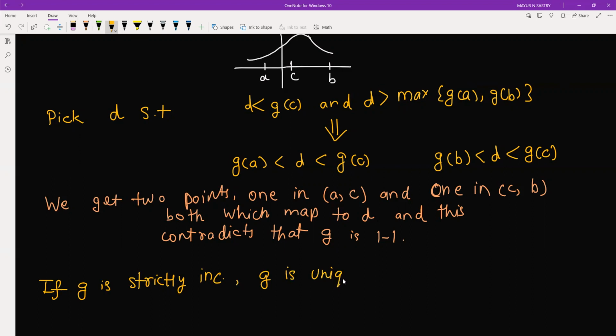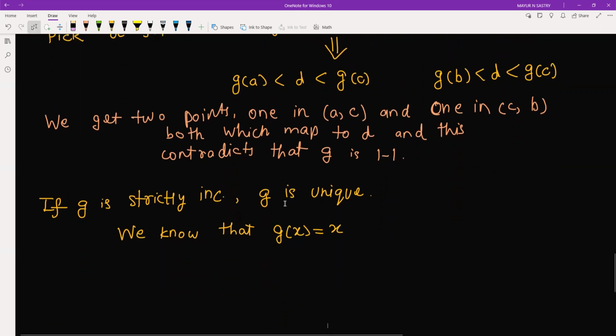But we obviously know a strictly increasing function which actually satisfies the property G of G equal to identity. And that's simply G of x equal to x. So we know that G of x equal to x satisfies it.